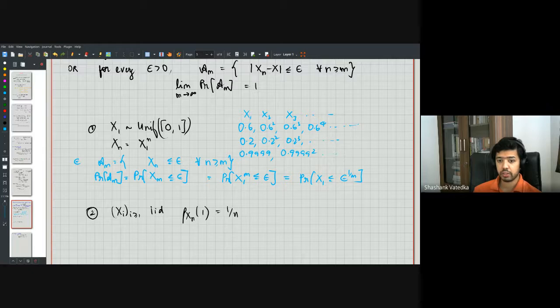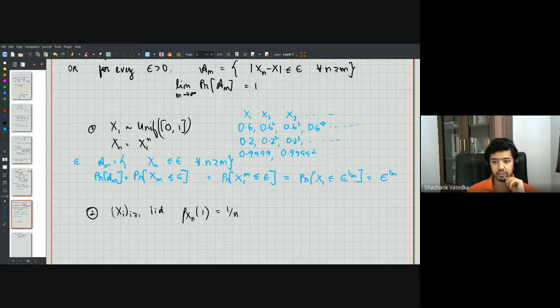x1 is a uniform random variable. So what is the probability that x1 is less than or equal to alpha? It's just the probability that a uniform random variable is less than or equal to alpha. Correct, it's equal to alpha.